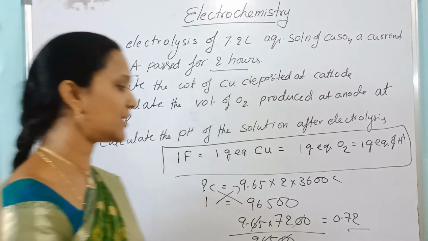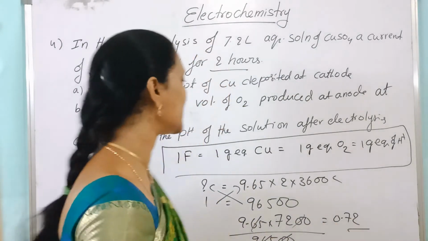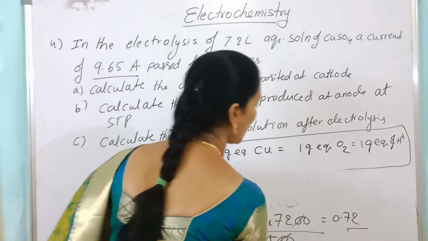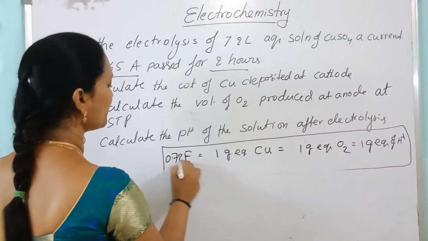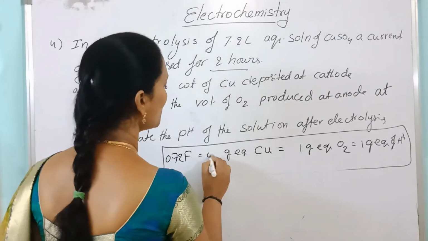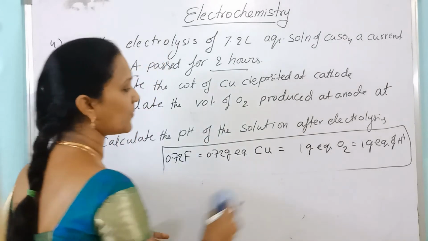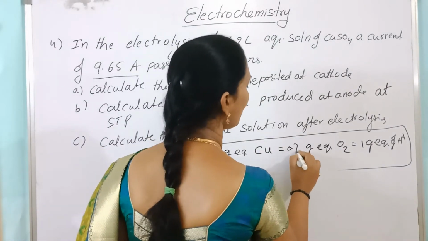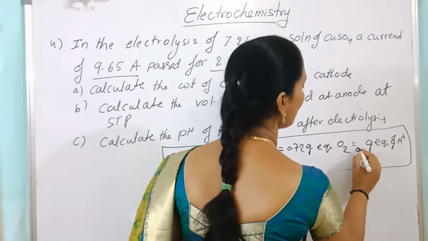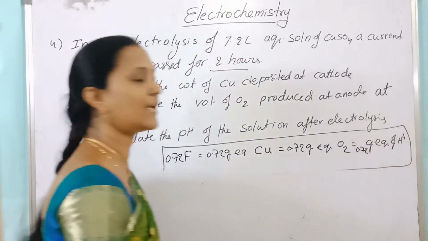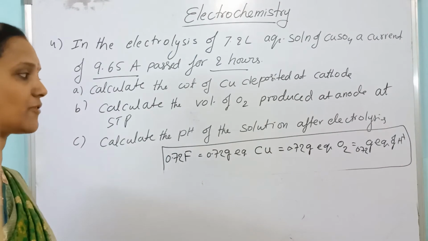Then how many Faradays? 0.72 Faradays. Now what is the relation? Now come to this. 0.72 Faraday gives 0.72 equivalent of copper, 0.72 equivalent of oxygen, 0.72 gram equivalents of H plus.